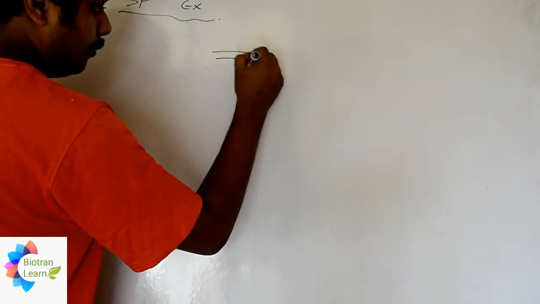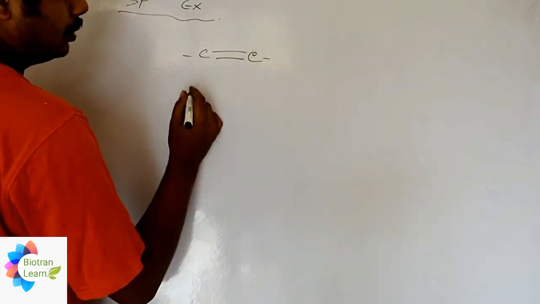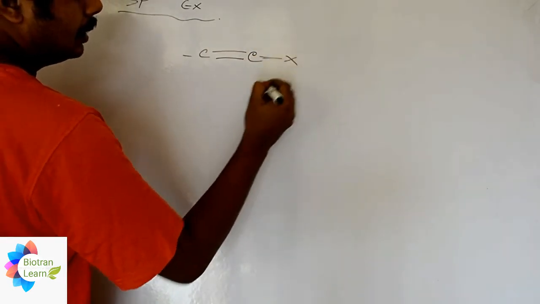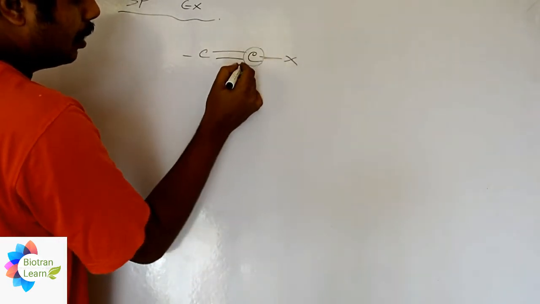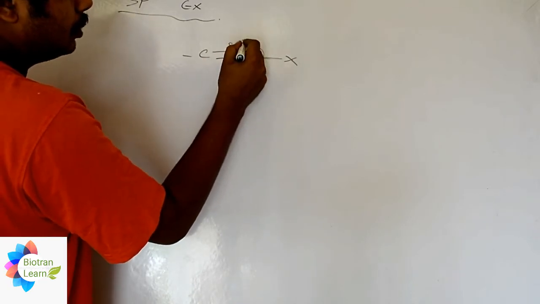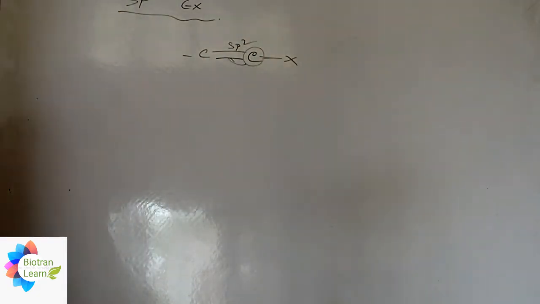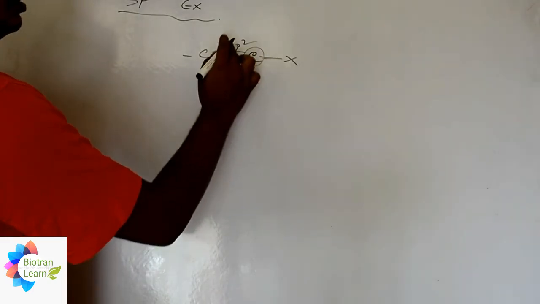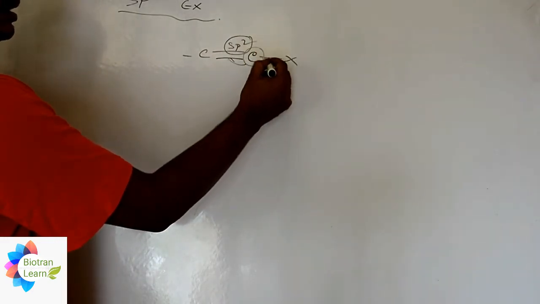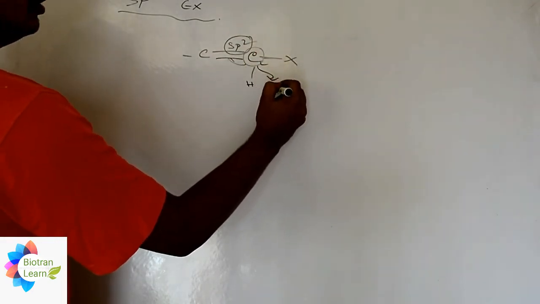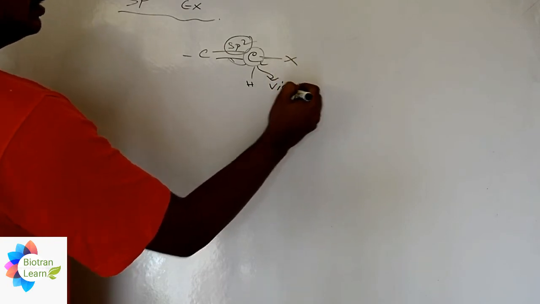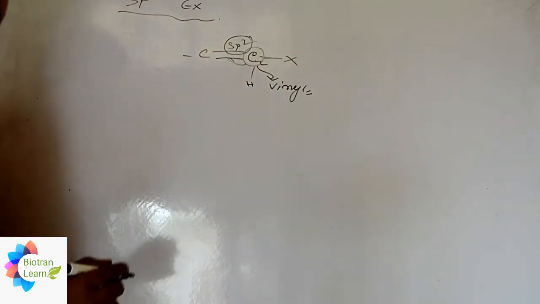When we are having a C=C group like this one, and the halogen is directly associated with a carbon having a double bond or sp2 center, right? So in this case, this carbon will be known as a vinyl carbon, or this group will be known as a vinyl group.